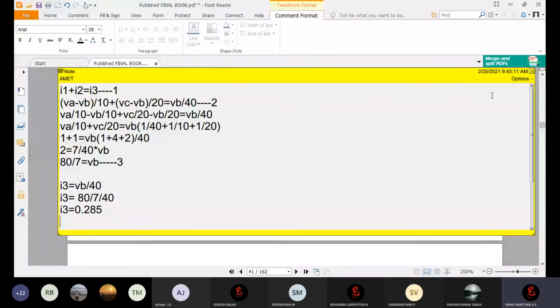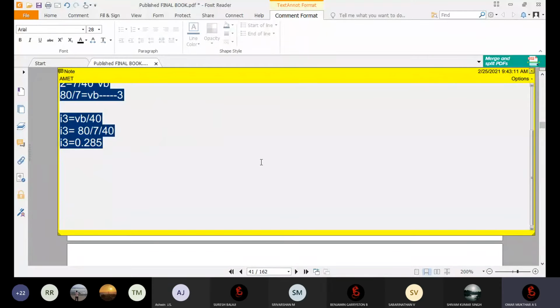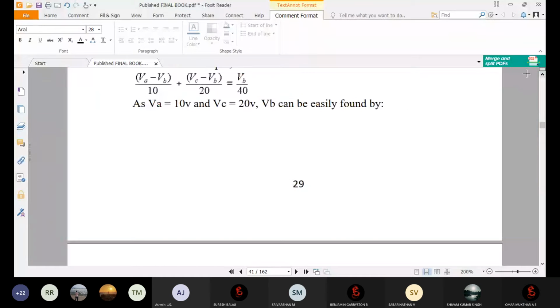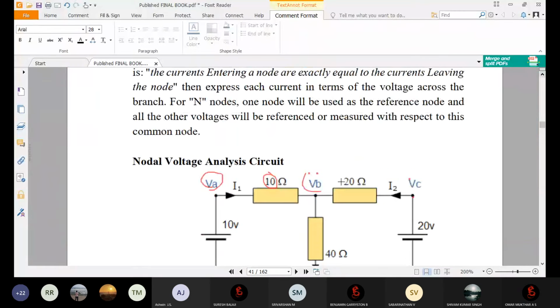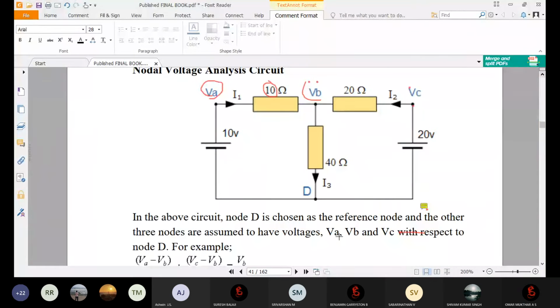First copy this diagram and the equation, and then you can try the loop analysis with the same circuit. Copy this diagram first.